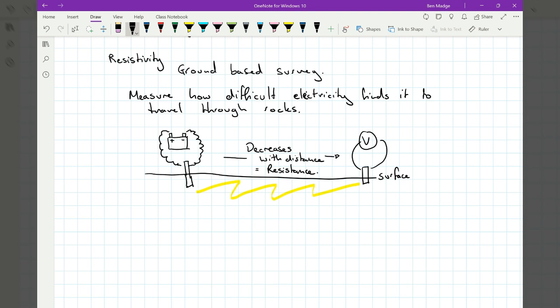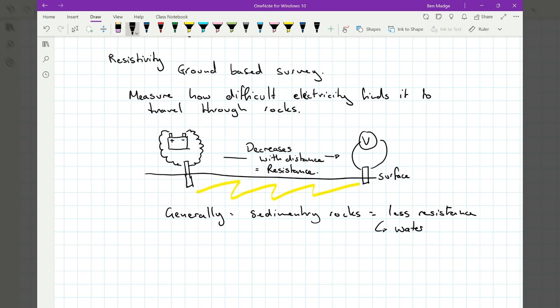So in general, sedimentary rocks have less resistance, and this is because they have water in their pores.